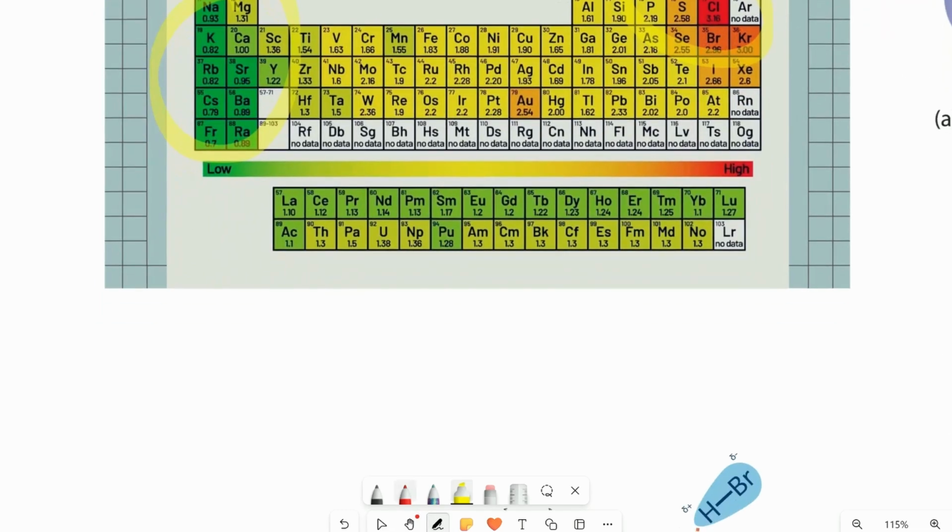So say we have HBr, hydrogen bromide. Remember we might have drawn hydrogen bromide like this in a Lewis structure, representing the electrons. This line here would represent a covalent bond.